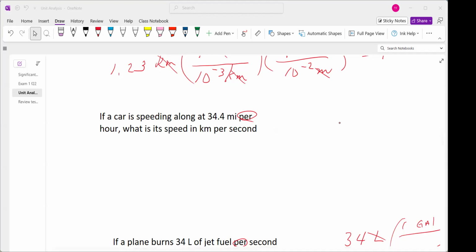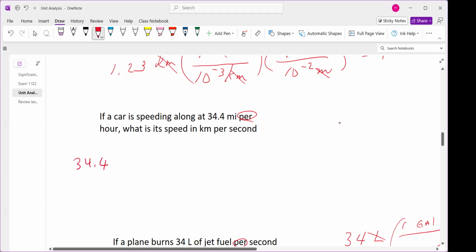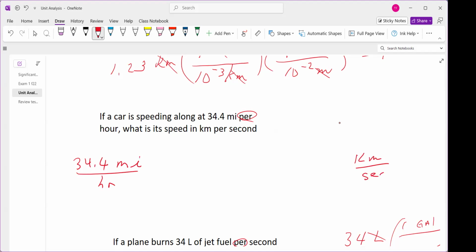So we're starting with 34 miles per hour, and we want to end up with kilometers per second. Okay, fraction to fraction.